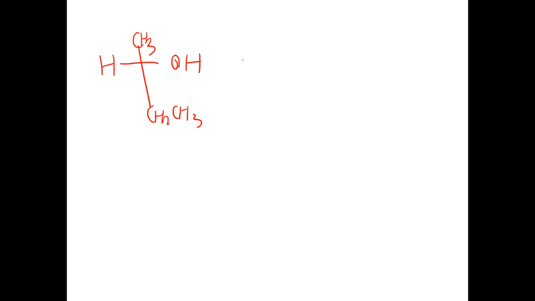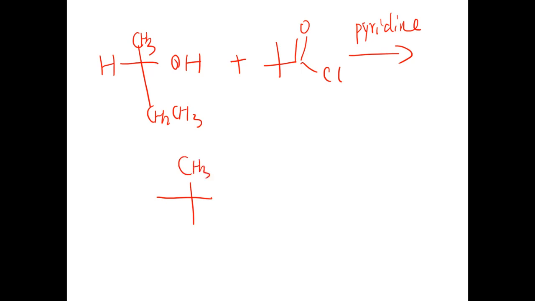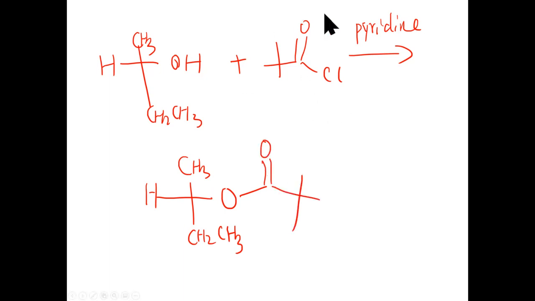It's a Fischer projection. If you react with pyridine, what happens is the chirality center in the alcohol structure will not change at all. So this structure is completely retained in the ester product, and the rest of the molecule is from the acyl chloride. This one we call acyl chloride.